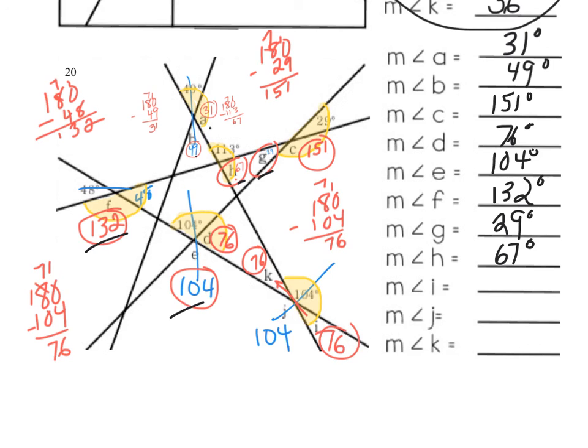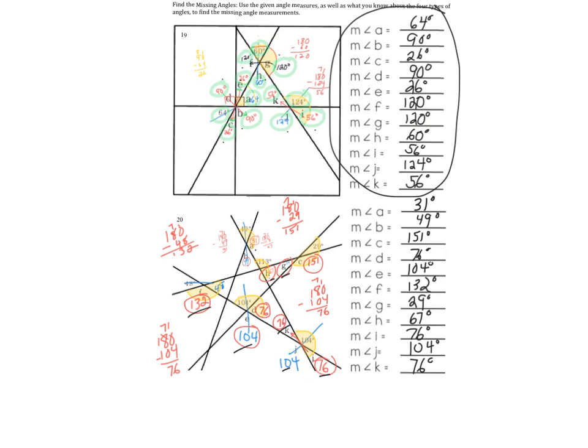I is right here, 76. And J is right here, 104. And K is right here, 76. Okay, so hopefully that helped you go through those a little bit more carefully. Again, you should try this by yourself and then try to solve it.